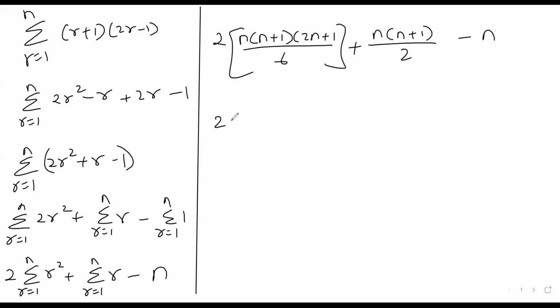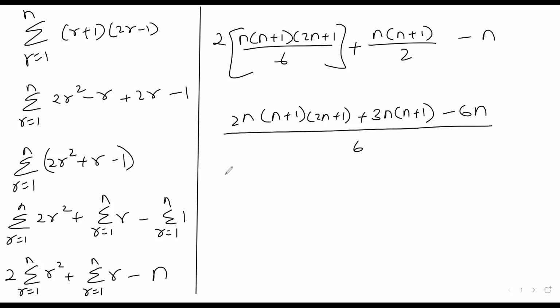I'll take n common actually. Okay, first we'll take n plus 1, 2 multiplied inside, 2n plus 1 plus, we can equalize the denominator, 3 into n plus 1 minus 6, whole thing upon 6. Now we can take n common, so I'll take n by 6 here.